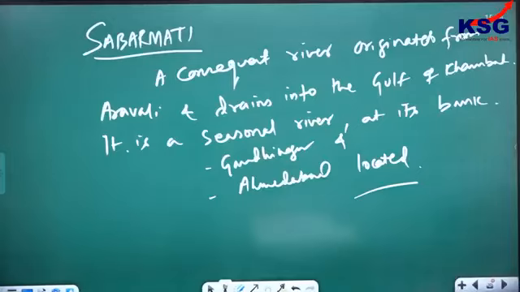This is a very important thing about this river system. There is no major project on this river system that I can mention. But yes, this river plays an important role in the cotton belt of India, particularly this region where cotton cultivation is there. Luni river drains into that particular area.